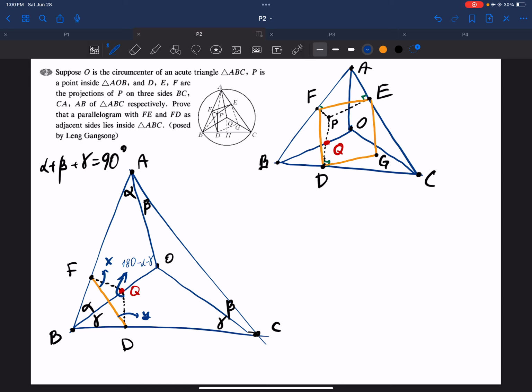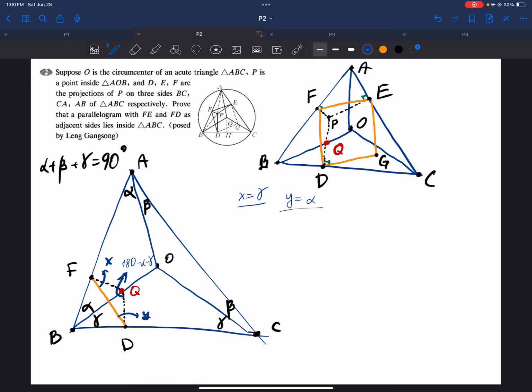Okay, now let's use the theorem of sines. In principle, once you have this picture, and if you remember any high school or middle school geometry, or if you ever competed, you would immediately recognize that actually X equals gamma and Y equals alpha. But strictly speaking, we need to prove that. Let's prove it.